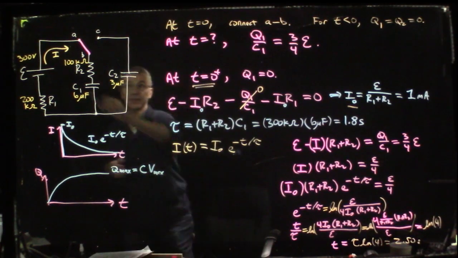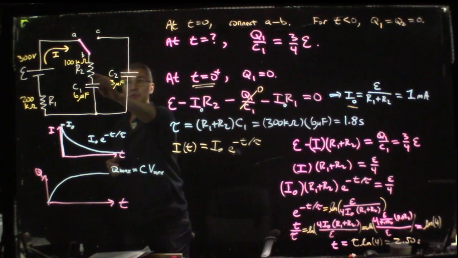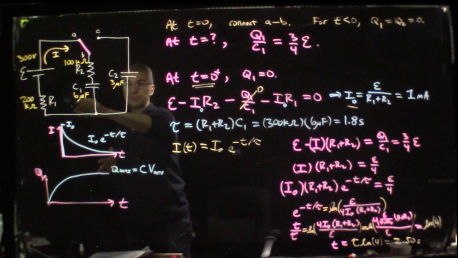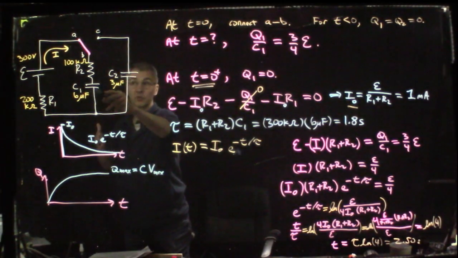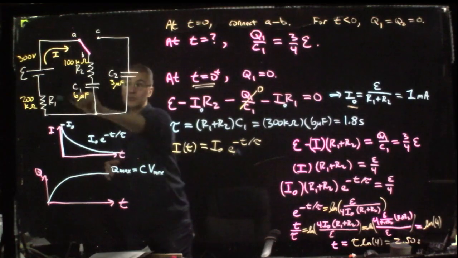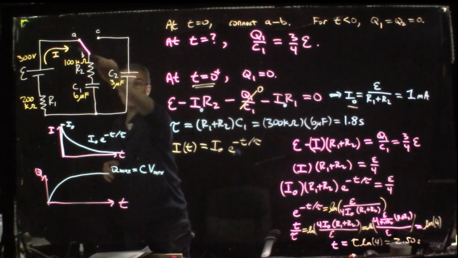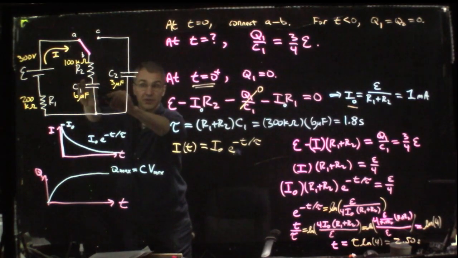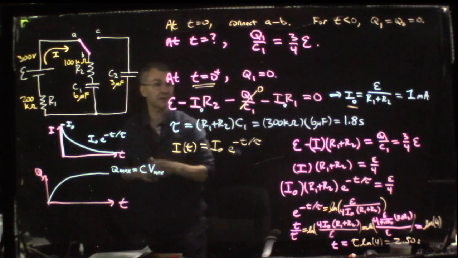So if that current becomes 0, then this IR drop is 0, and this IR drop is 0. So by the time this is fully charged, which is by the time the current has become 0, the capacitor voltage equals the battery voltage. See, because you could say battery EMF minus IR2, which is 0, minus Q over C, minus IR1, and that's 0.